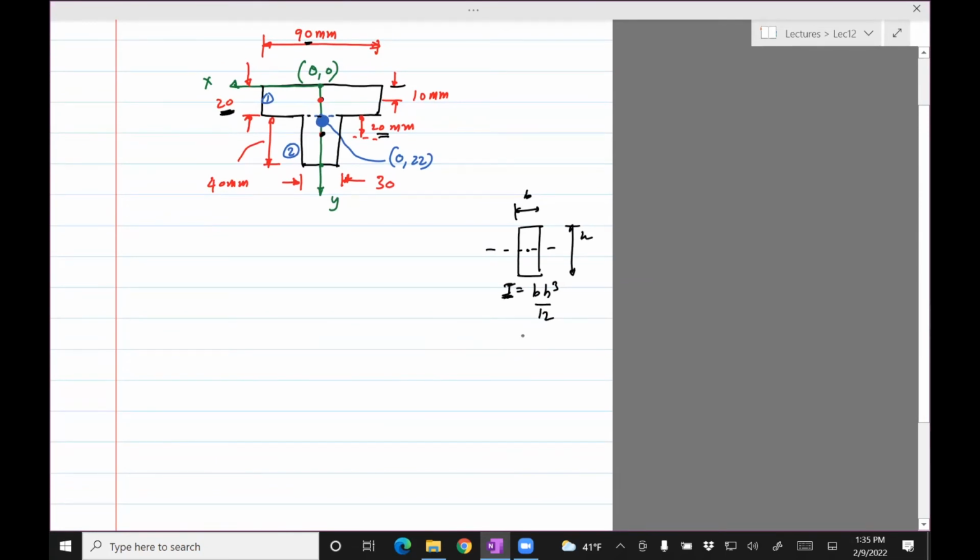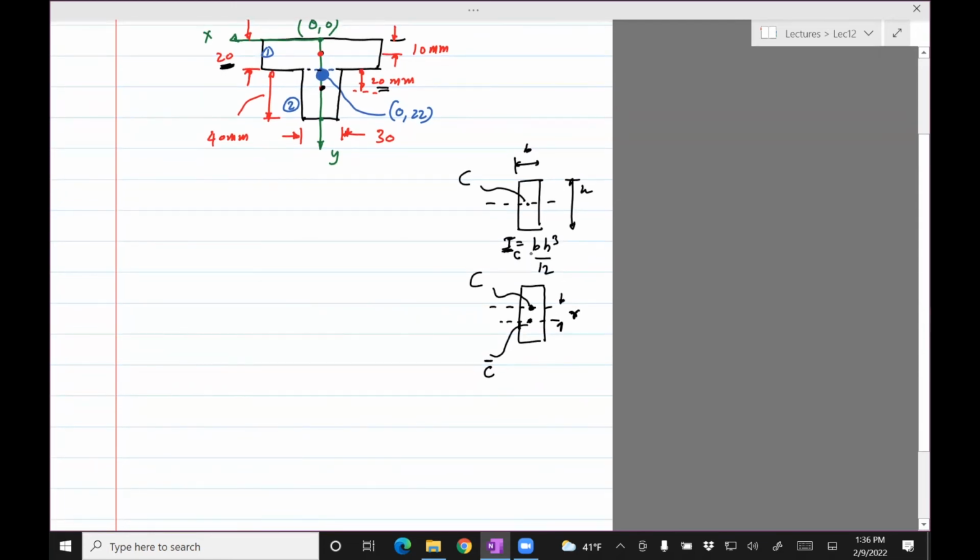If I want to find the inertia about a different axis, not the center, but some axis at a distance r from the centroid, this is the centroid, and this is some different axis.